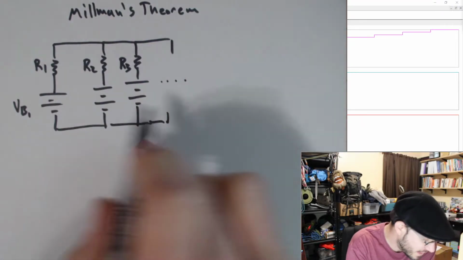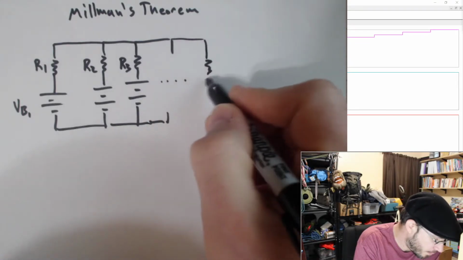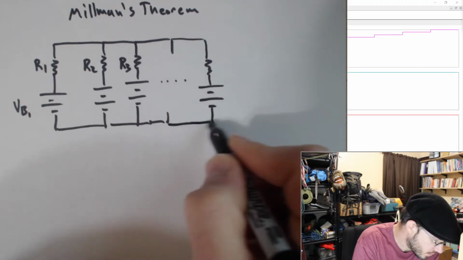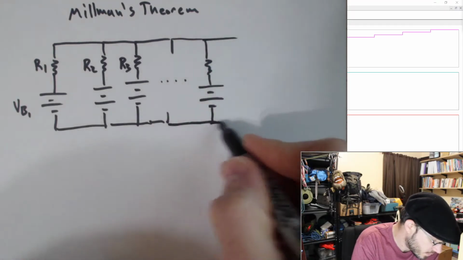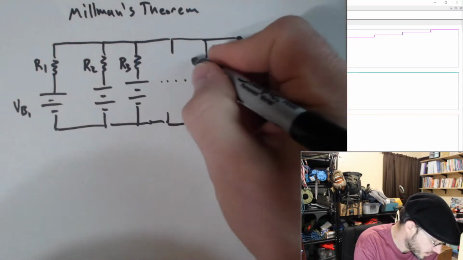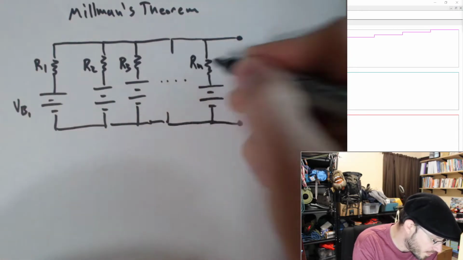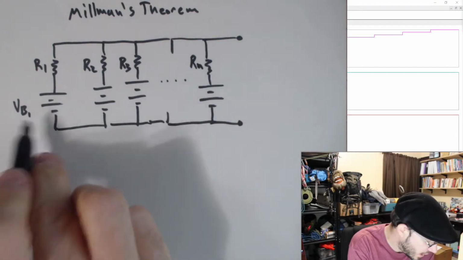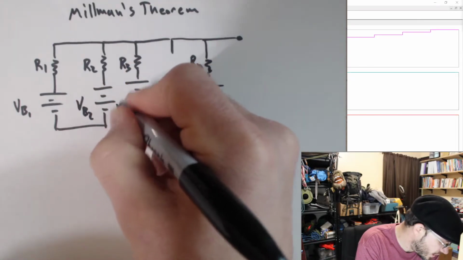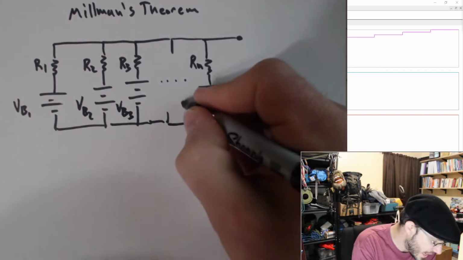And so we could have as many of these as we want, but we're going to end up with a series here of R1 all the way up to Rn, and VB1, VB2, VB3, all the way up to VBN.